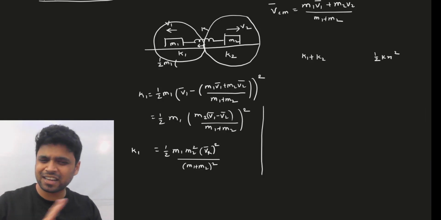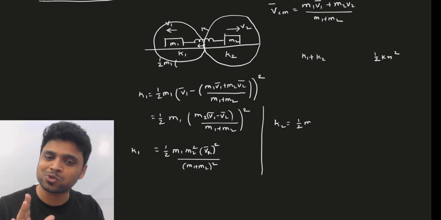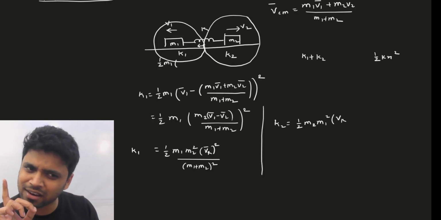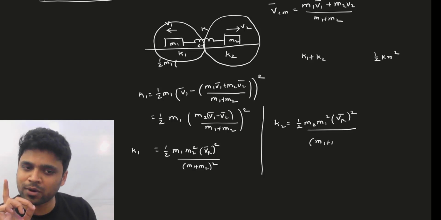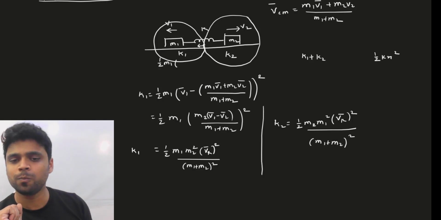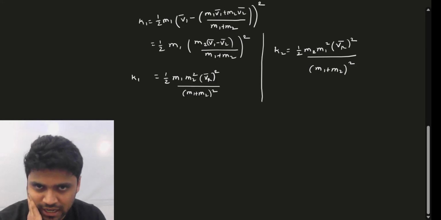Since there is a symmetry, I can simply write kinetic energy K2 is going to be half times m2 times m1 square times, again, relative velocity whole square divided by m1 plus m2 raised to the power 2. Now what I have to do, students, is take the addition of both of the kinetic energies.